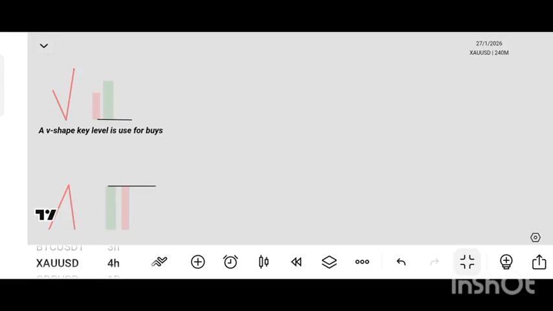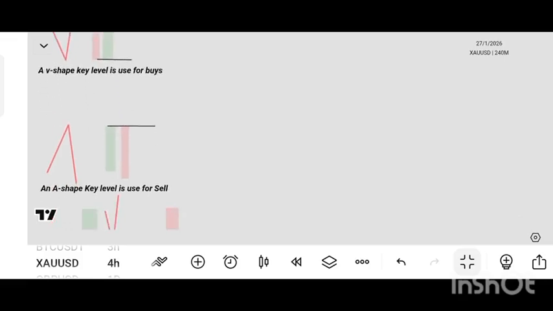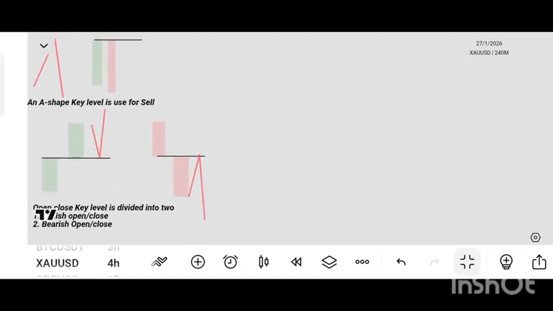A V-shaped key level is used for buys, basically. While the A-shaped key level is basically used for sales. Then we have the open close key level, which is divided into 2. We have the bullish open close that is used for buys, and we have the bearish open close that is used for sells.